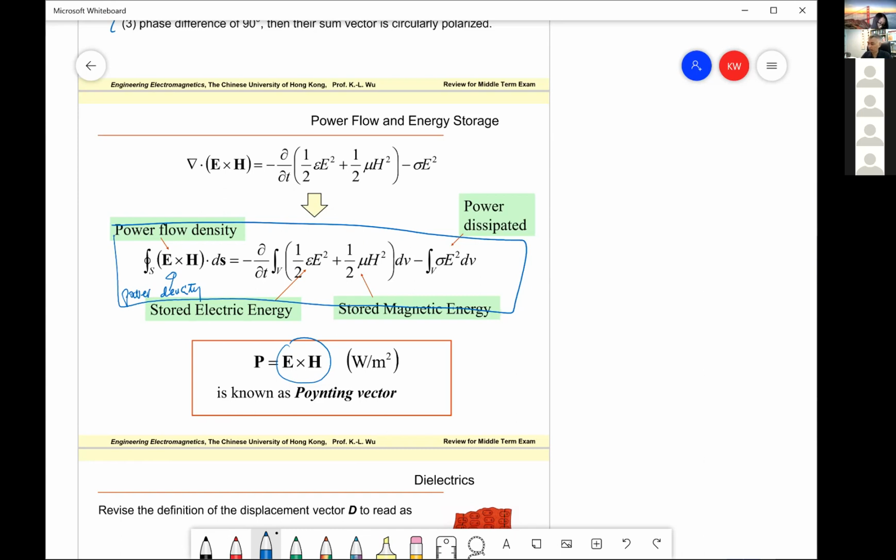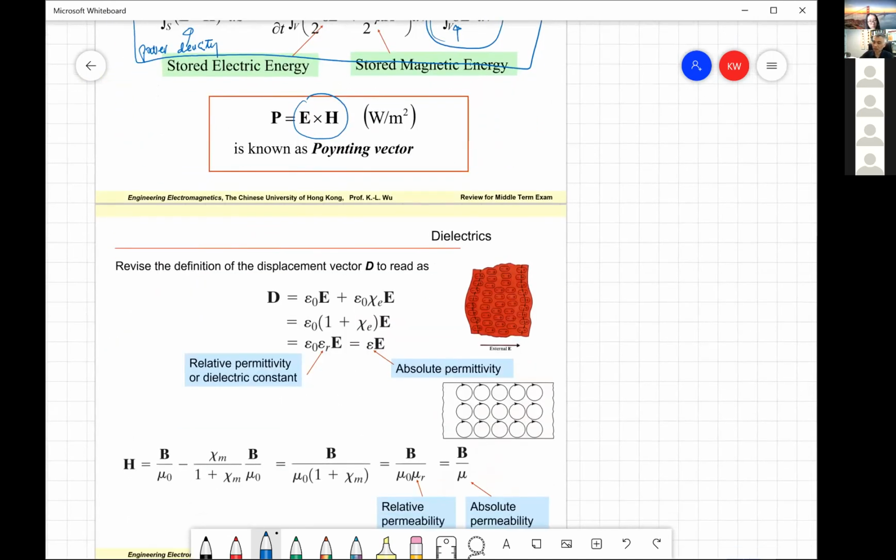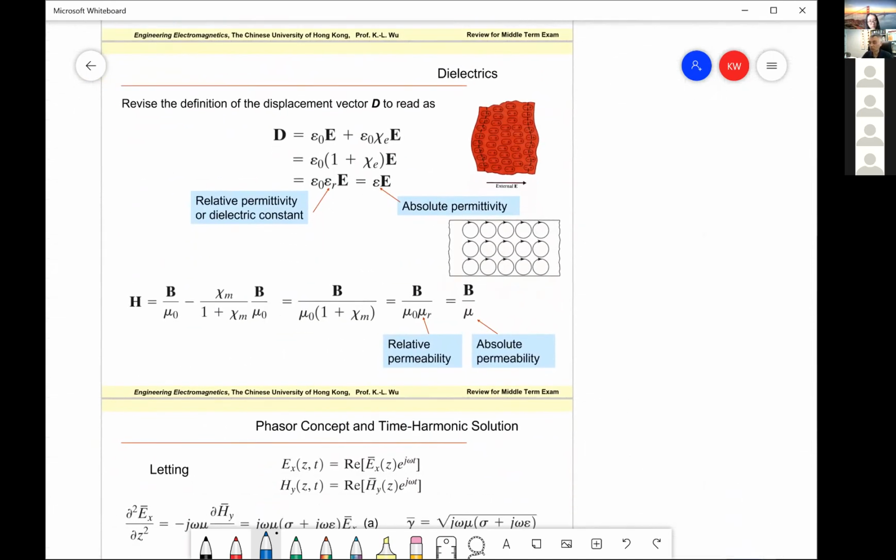This term is always real, so as long as the medium is conductive, you have a loss. The other two terms stand for the stored energy: one is the stored electrical energy, one is the stored magnetic energy. We derive this from Maxwell equations.